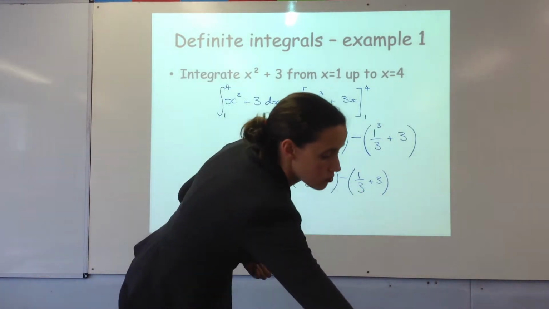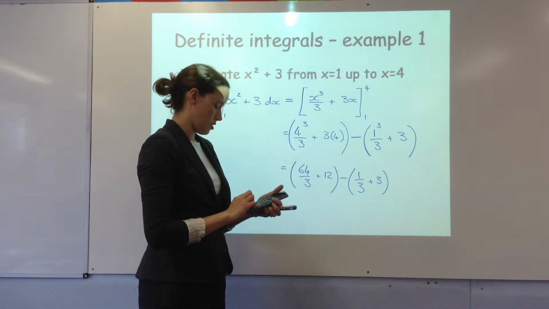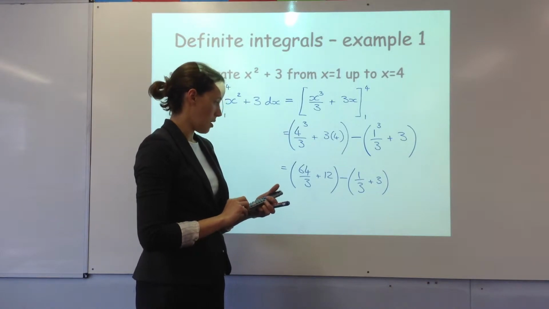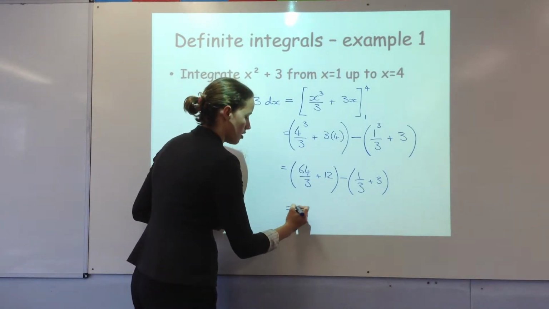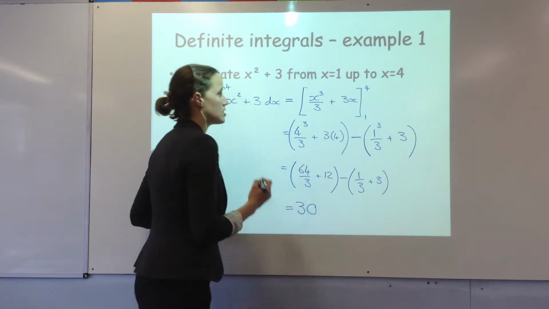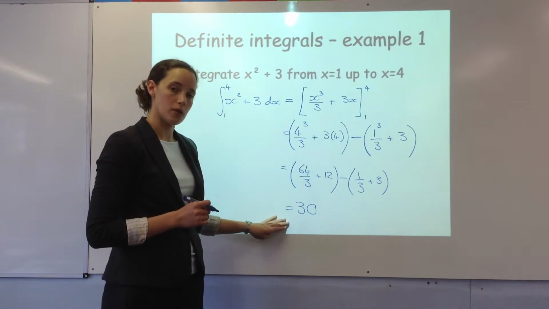So again, all we have to do is type that into our calculators. So we've got 64 divided by 3, add on 12, minus a third, and then 3. And you should get an answer of 30. So when we do a definite integral, you will always end up with just a number.